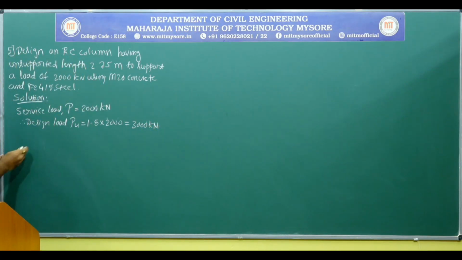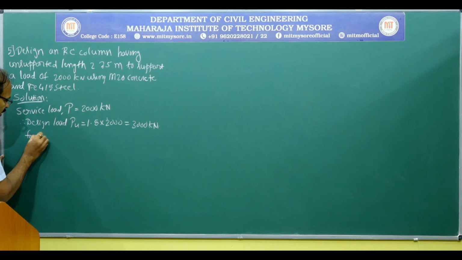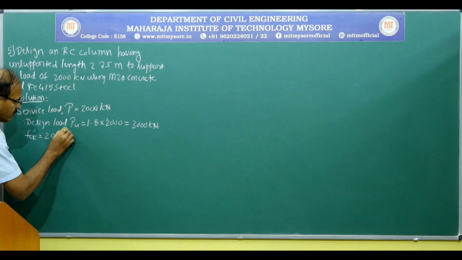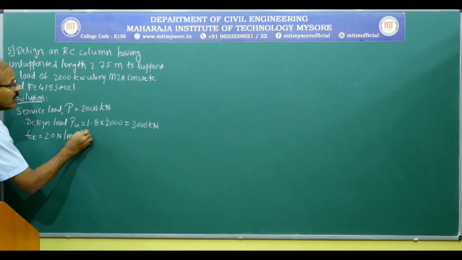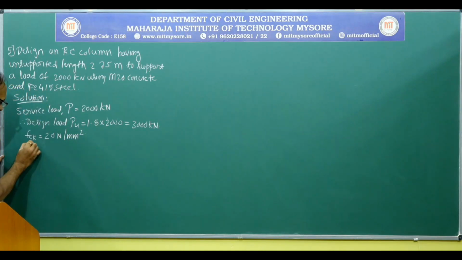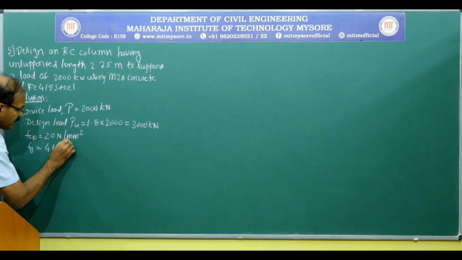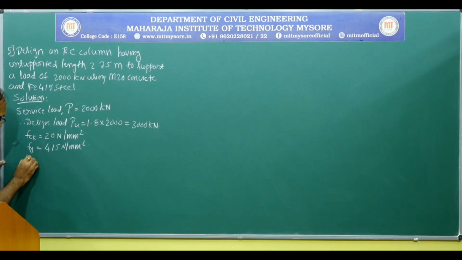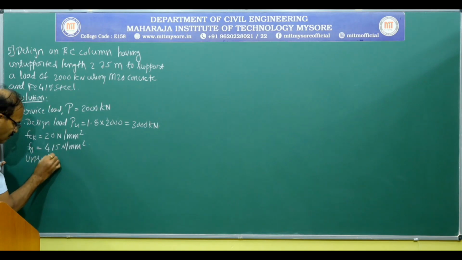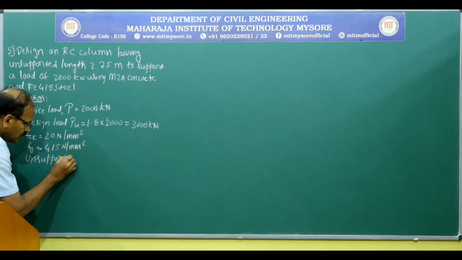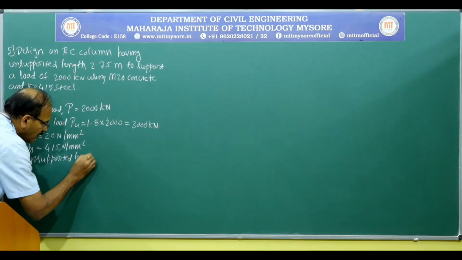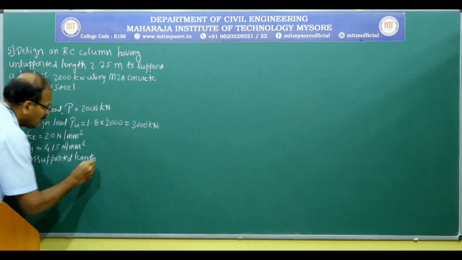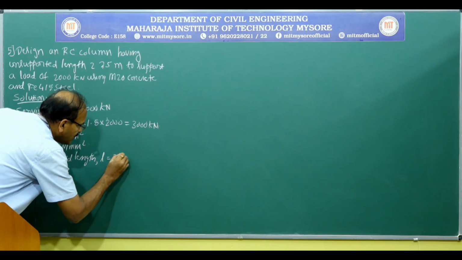Okay, and we are using M20 concrete, therefore fck equal to 20 Newton per millimeter square, and we are using Fe 415 steel, that's why fy equal to 415 Newton per millimeter square, and unsupported length L equal to 2.75 meter.